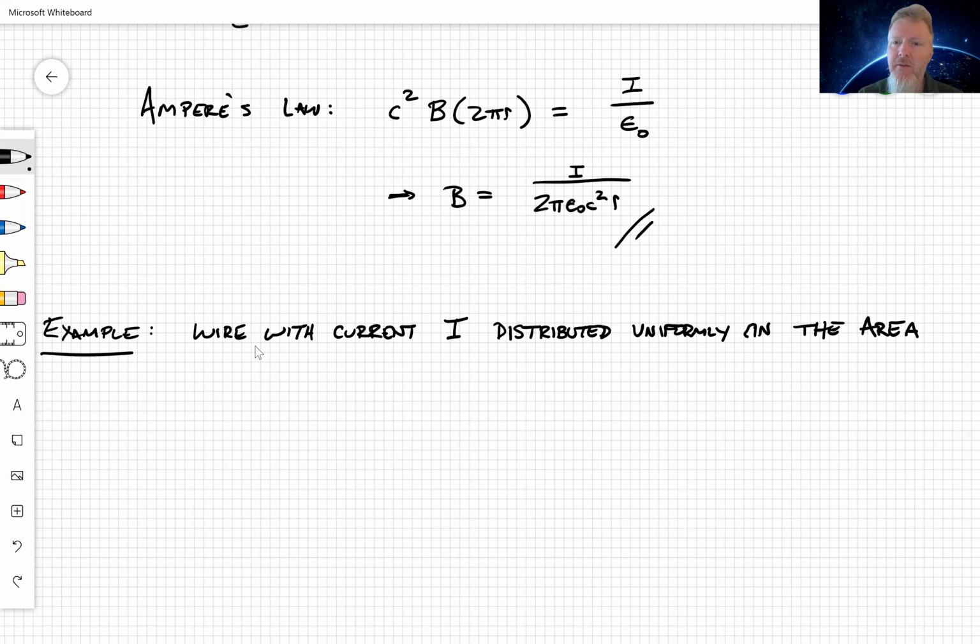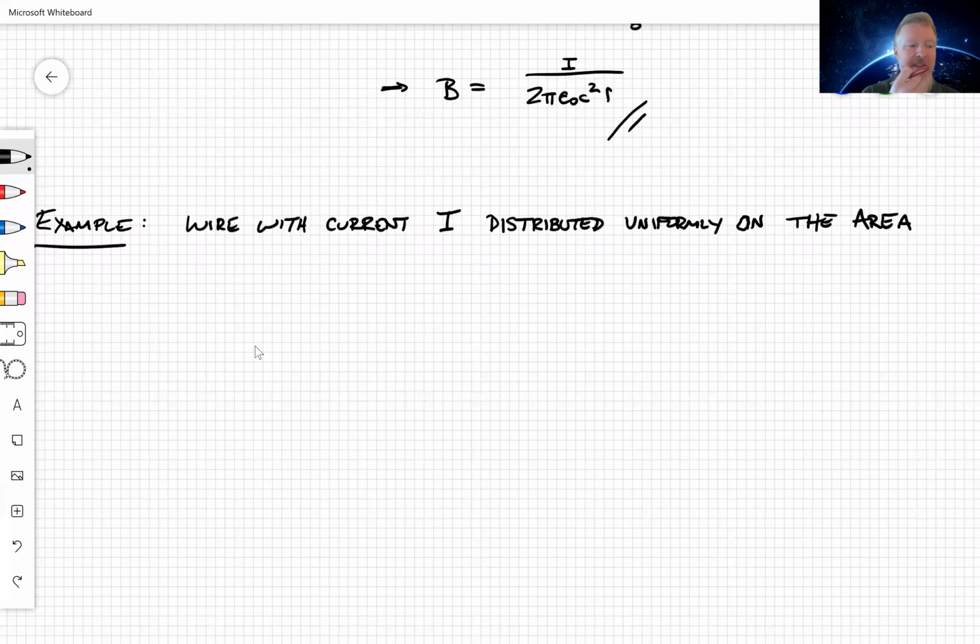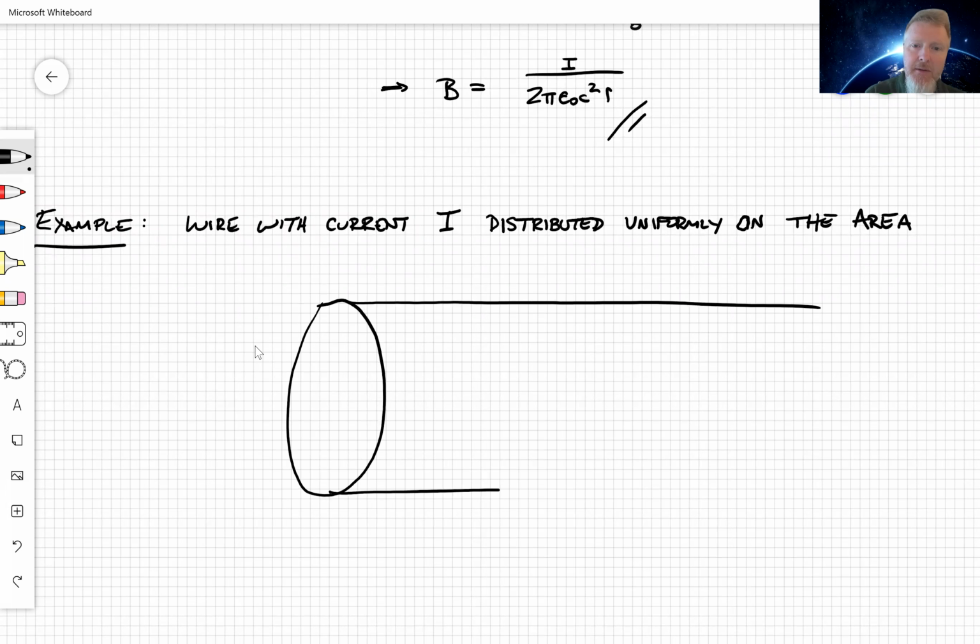Maybe that would be better. All right, so what that means is that now I'm going to look really closely at that wire, and all of a sudden it looks like this big cylinder of copper, and there's a bunch of current flowing through it.